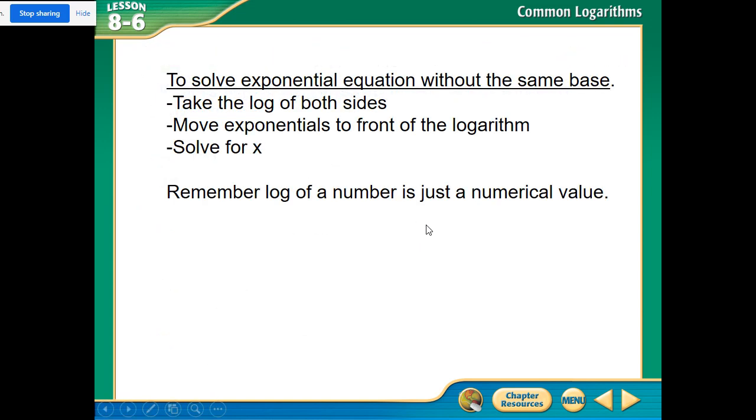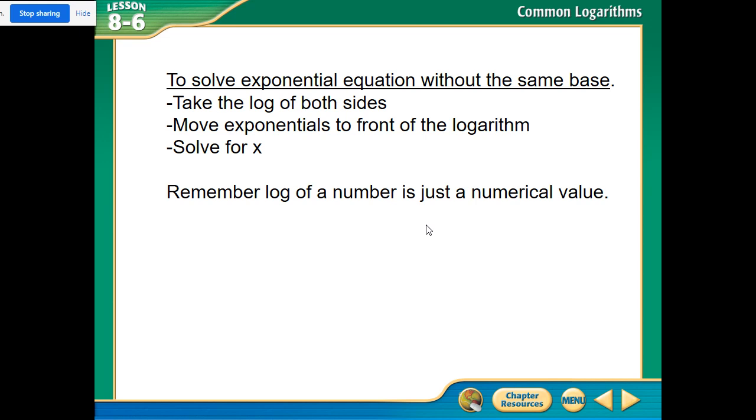So the new part is how to solve exponential equations when they're not the same base. Earlier on in the chapter, we went ahead and simplified ones that had the same base, and then the bases canceled out and we were able to solve it. We can't do that with all of them because they're not all going to have the exact same base.